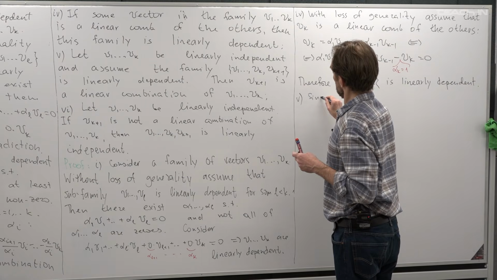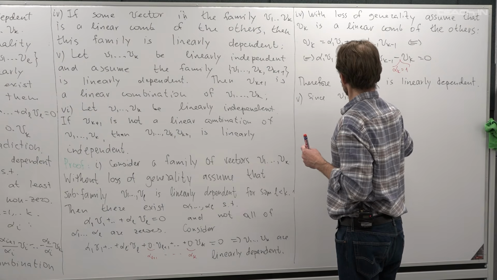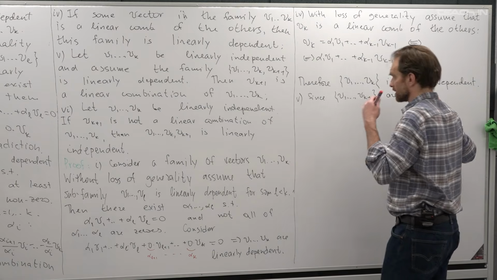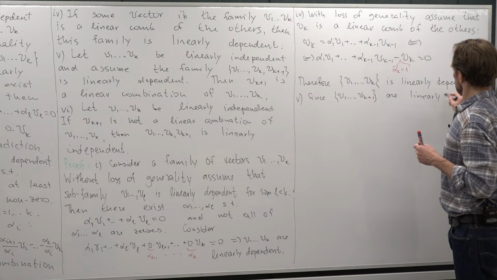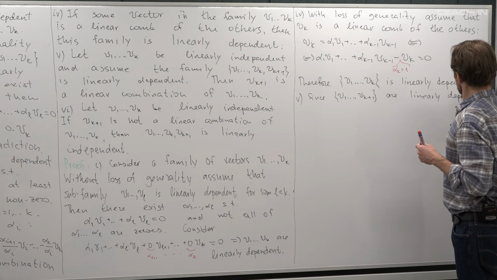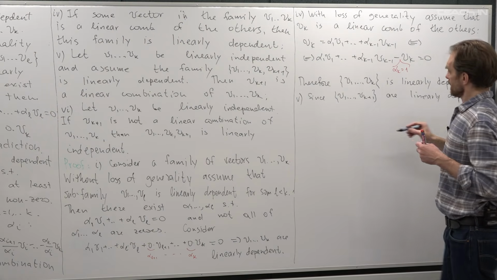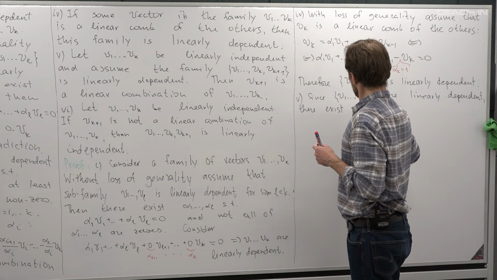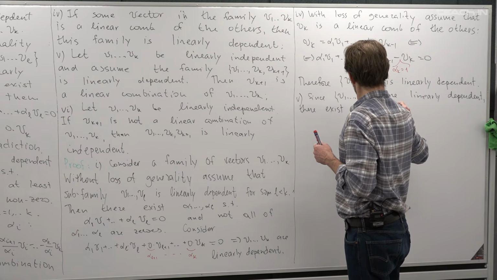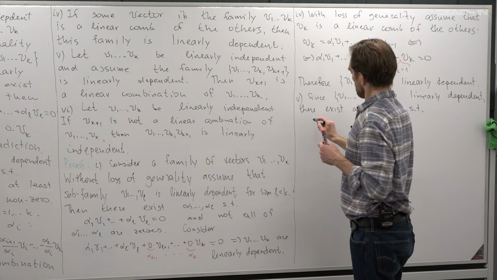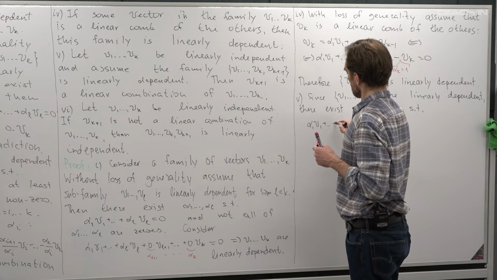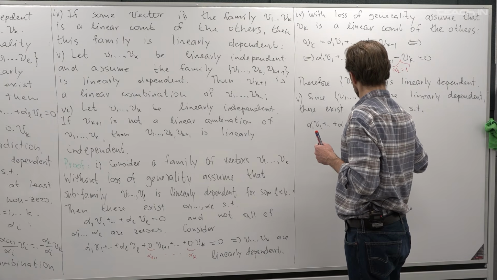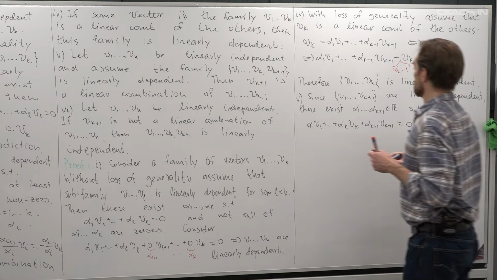Since vectors v1, etc., vk plus 1 are linearly dependent, there exist alpha 1, etc., alpha k plus 1, such that alpha 1 times v1 plus etc. plus alpha k times vk plus alpha k plus 1 times vk plus 1 equals 0.